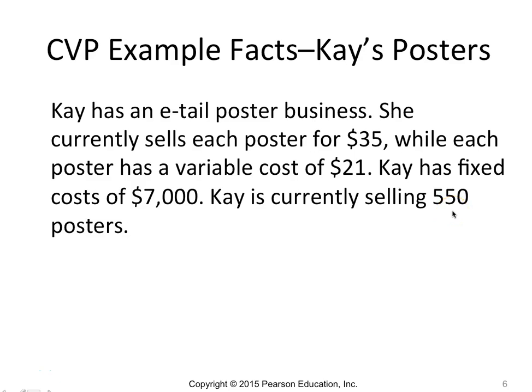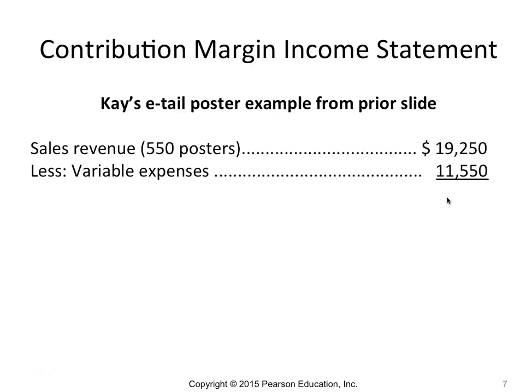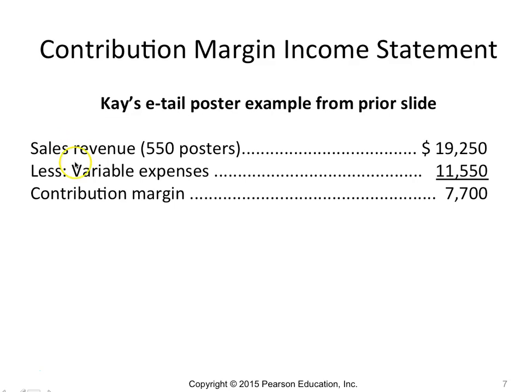You can do the easy calculation, and it will be 11,550. So sales revenue minus this gives the contribution margin: 19,250 minus 11,550, so we get 7,700.